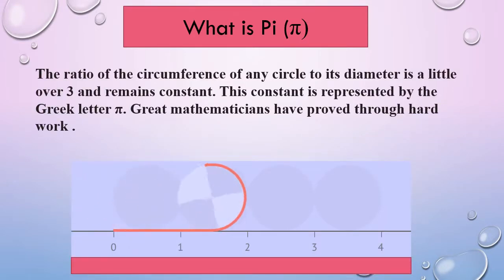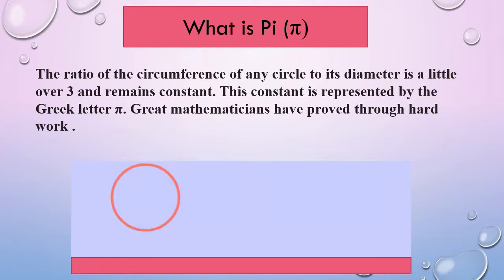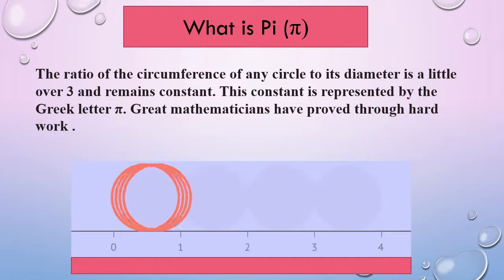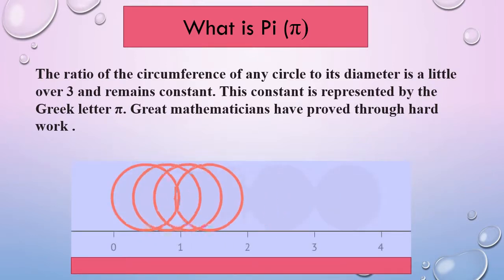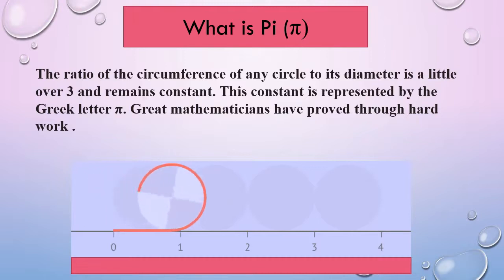The ratio of the circumference of any circle to its diameter is a little over 3 and remains constant. This constant is represented by Greek letter pi. Great mathematicians have proved through hard work.